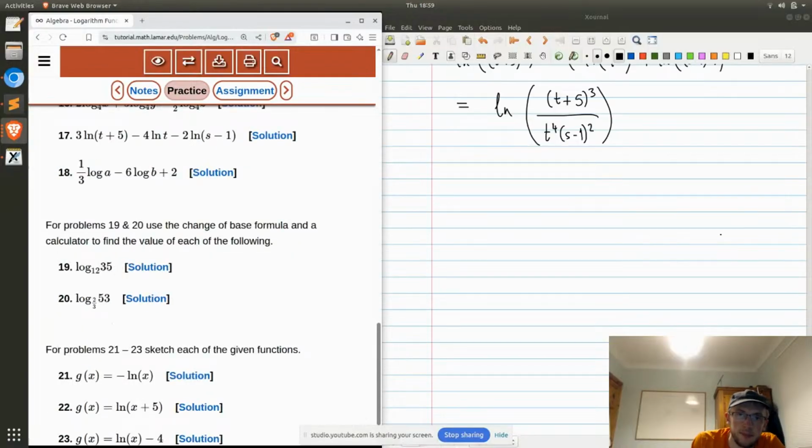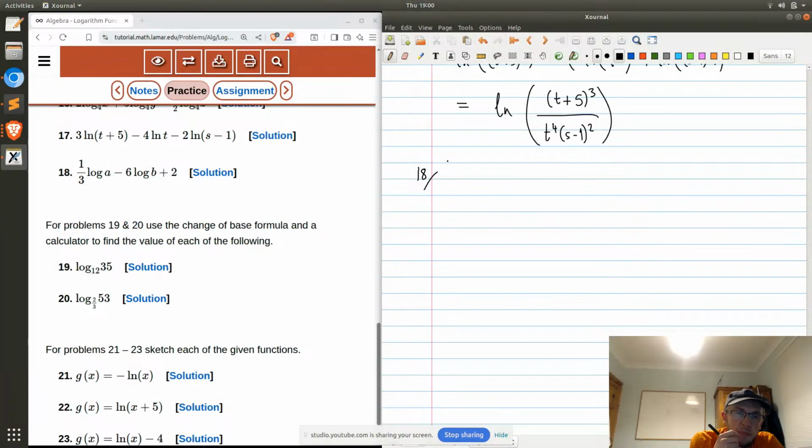All right. Problem 18. Okay, that's the cube root of a. That's what that third is going to do. That's going to raise that to the power of 6. And I know what this is. This is log of 100, isn't it?